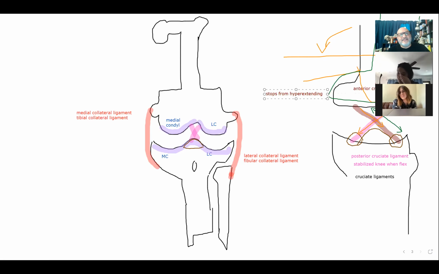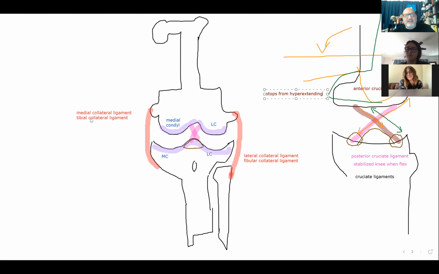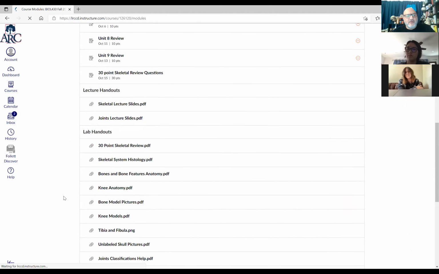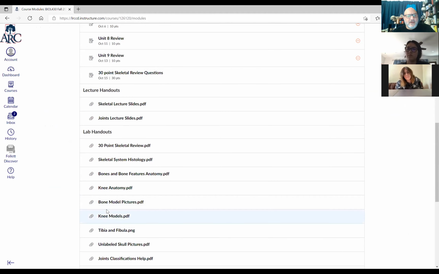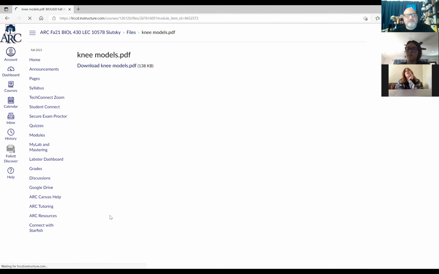And notice we've got this here, but not only in our handouts do we have this knee joint handout, but if we go back to the modules, notice there is actually an image of a knee model.